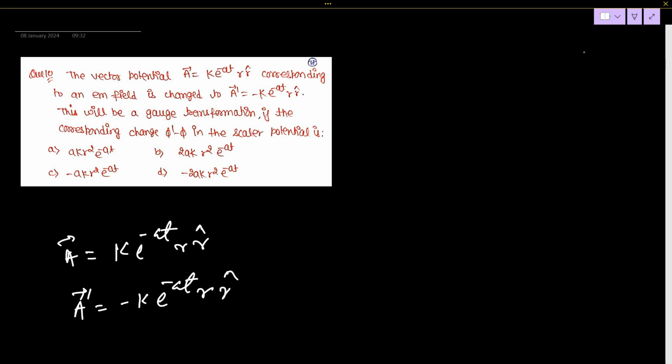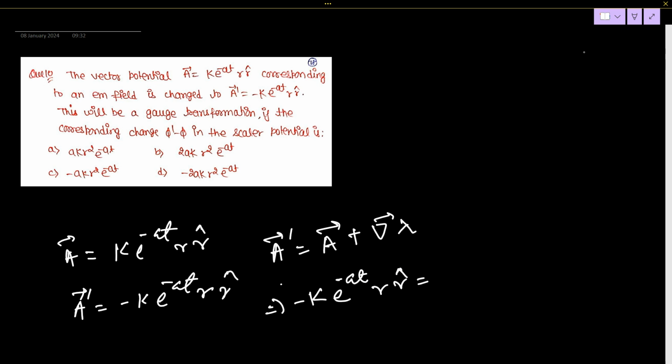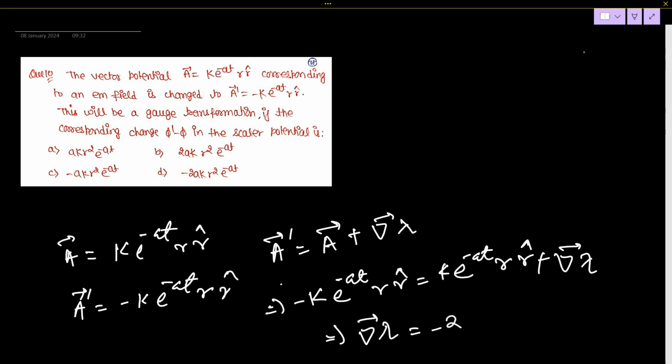All right. So again, same thing. Let's put a dash is equal to a plus del lambda. So a dash is equal to minus k e to the minus a t r cap, is equal to k e to the minus a t r cap plus del lambda. So del lambda is equal to, I have to take this side, minus 2k e to the power minus a t r cap.